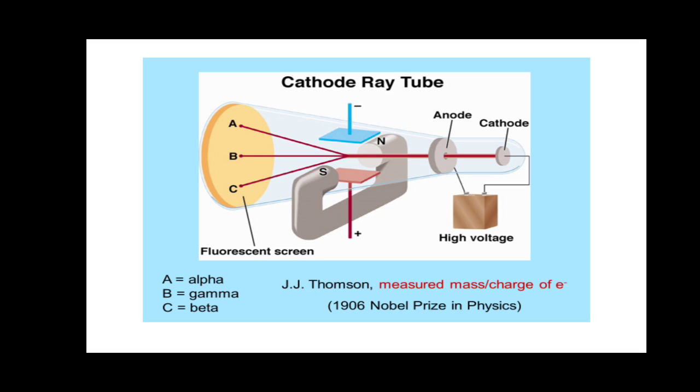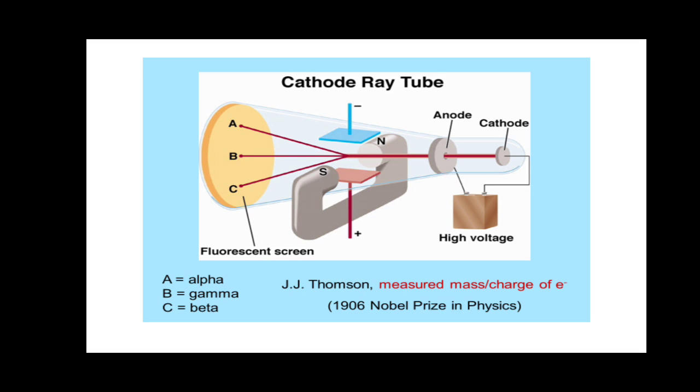When an electric discharge is passed through a tube containing a gas at very low pressure, an invisible stream of rays called cathode rays is emitted from the surface of the cathode, which possess certain characteristics suggesting that the rays are made up of minute negative particles, and those minute negative particles are called electrons.